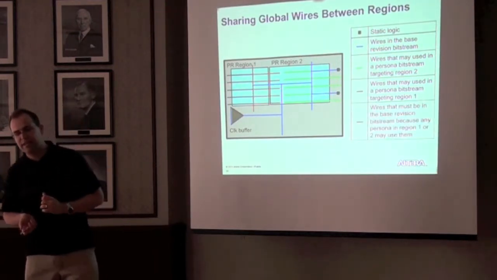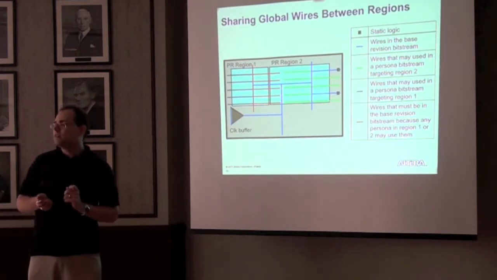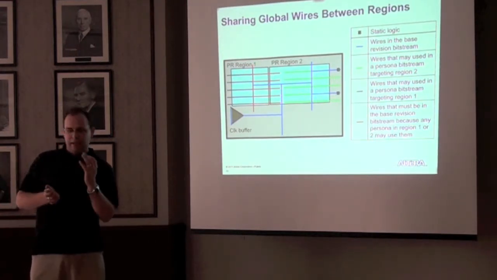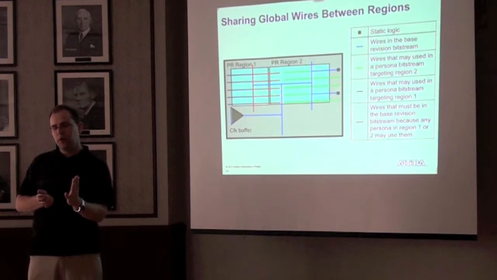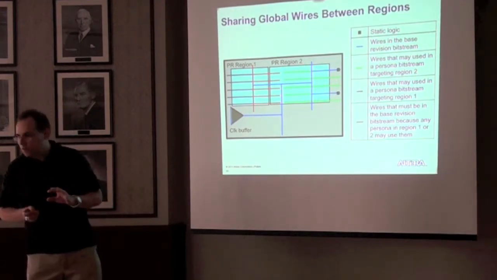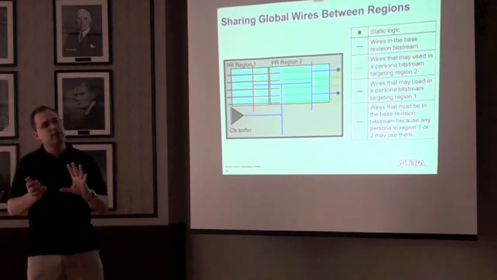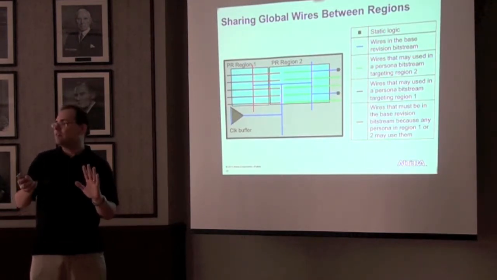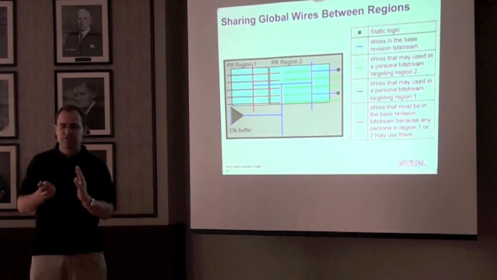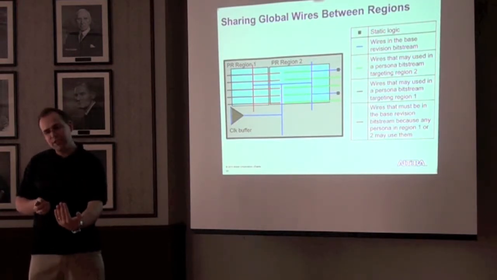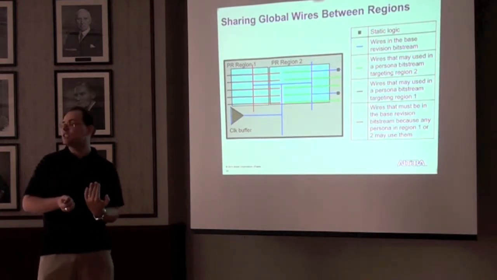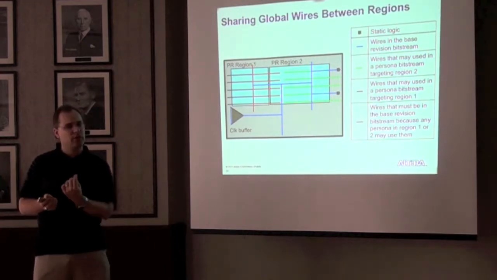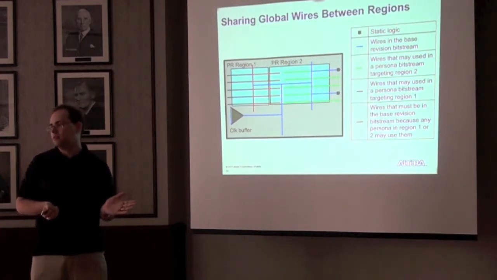The reason for this is that this portion of the clock tree connects to both PR region 1 and PR region 2. It's a little bit complicated, but the CAD tool cannot assume that any particular persona exists at any given point in time. Therefore, those orange wires actually need to be in the base revision's bit stream, even though the base revision doesn't use them at all.